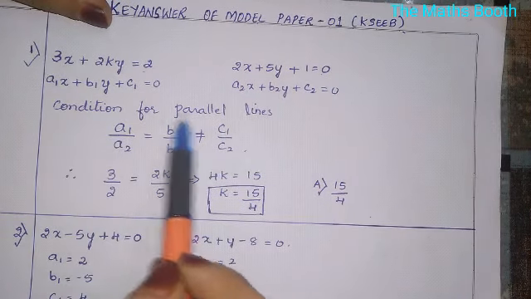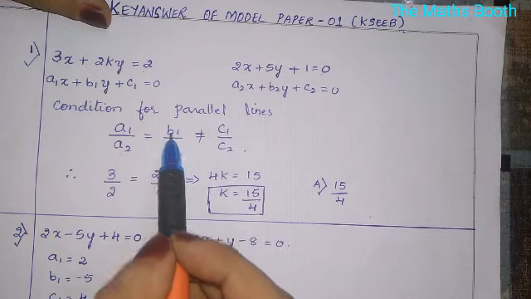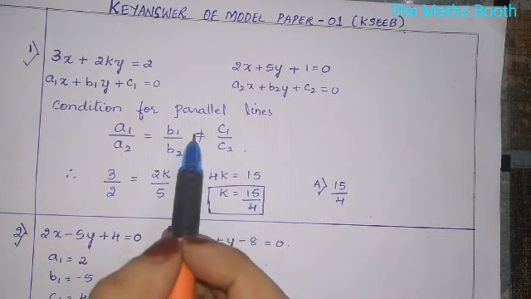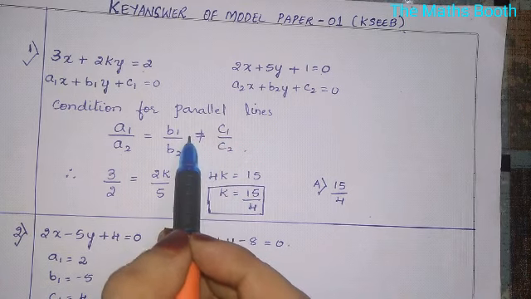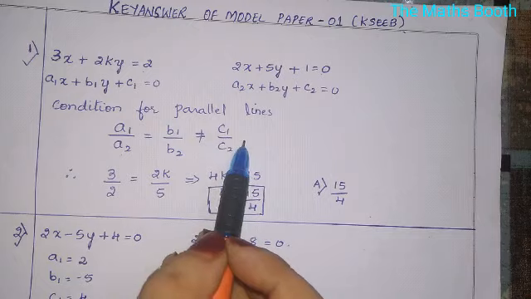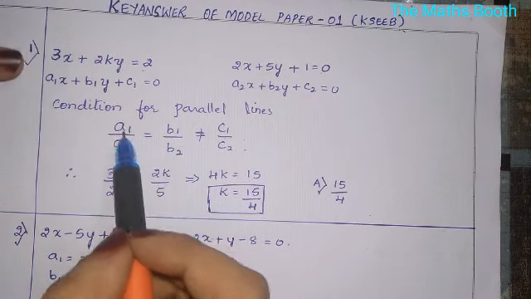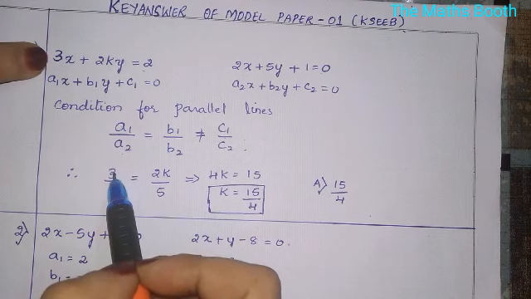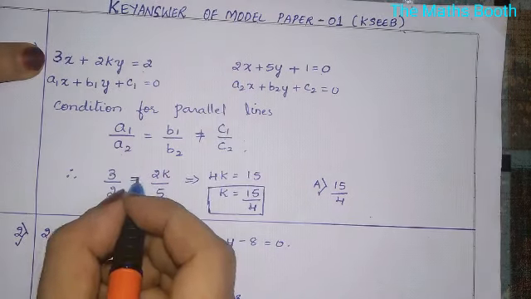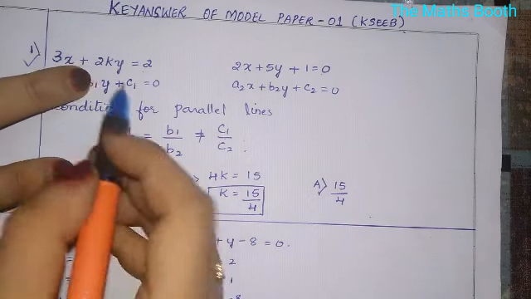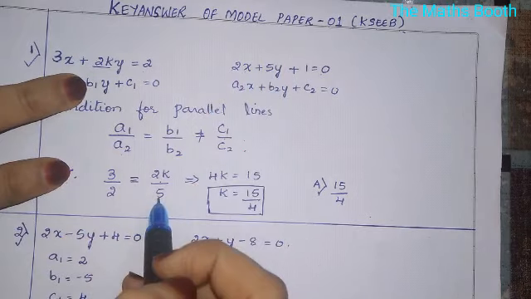So the condition for parallel lines is a1 upon a2 is equal to b1 upon b2 is not equal to c1 upon c2. Okay, we will leave c1 upon c2. We will take a1 upon a2 is equal to b1 upon b2. a1 value is 3, a2 value is 2, is equal to b1 value is 2k and b2 value is 5.